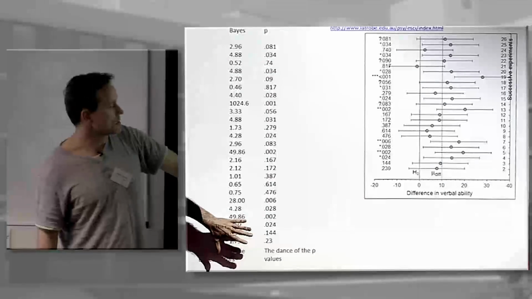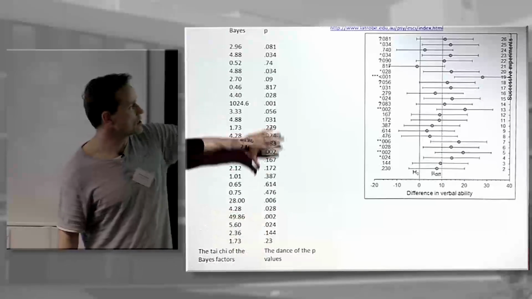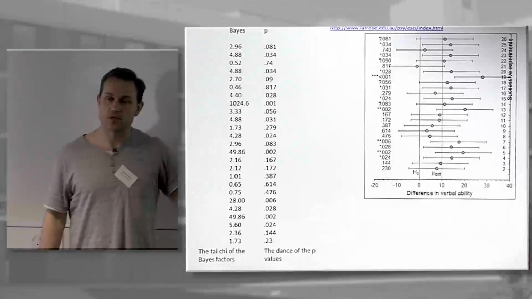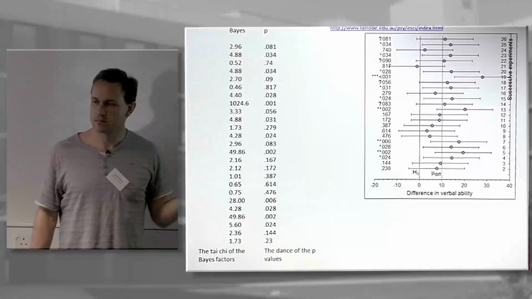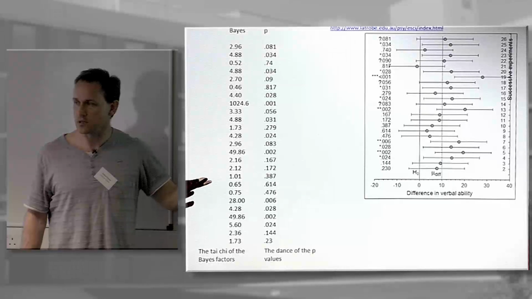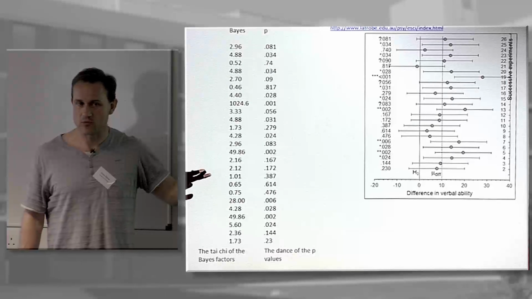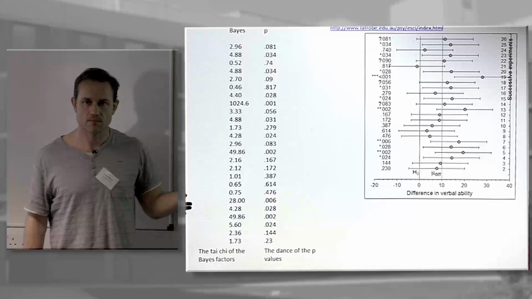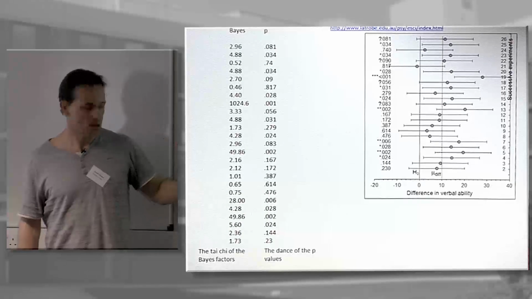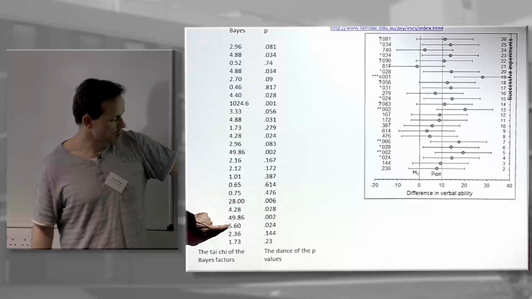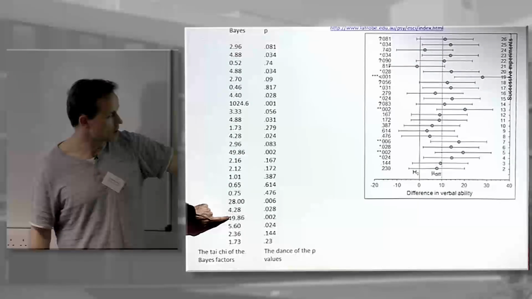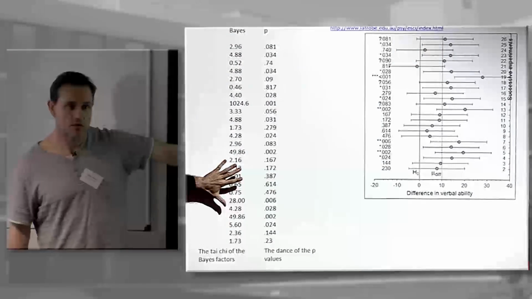Now, as it happened, in every single case here, the non-significant result corresponded to insensitive evidence, which happens to mean, in this case, you would not draw a wrong conclusion. You would either say substantial evidence for the alternative, substantial evidence for the alternative, or insensitive.